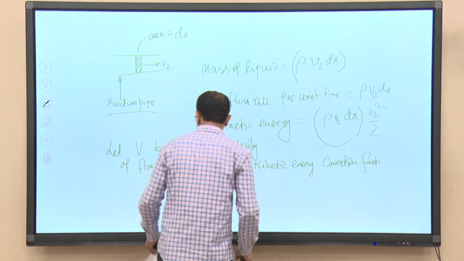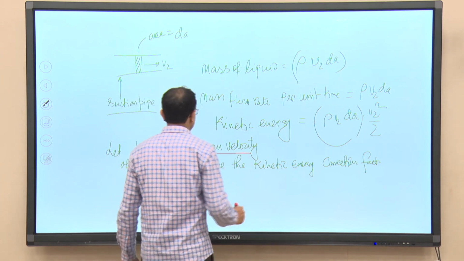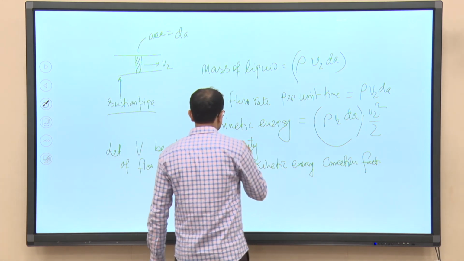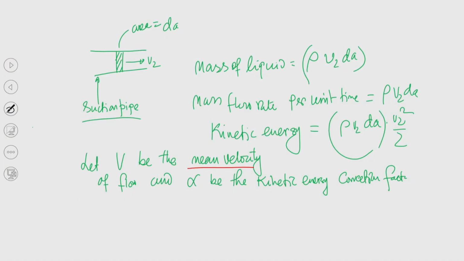So, basically, the kinetic energy considering the average velocity should be equal to alpha rho into A into V cube by 2.